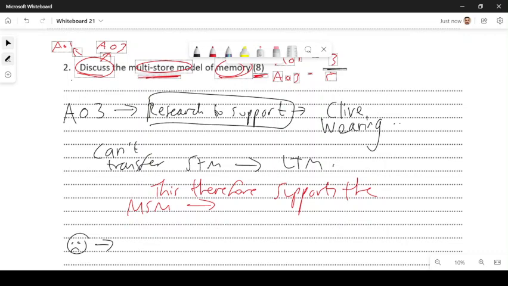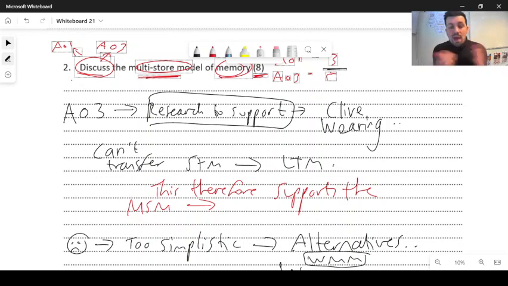But what you also could do, which may be easier if you forget, is say this model is described as too simplistic, and there are alternative models, and then reference the working memory model. Okay, so you could say that, obviously remembering to finish with the phrase, therefore the multi-store model of memory may not be the only explanation of memory.